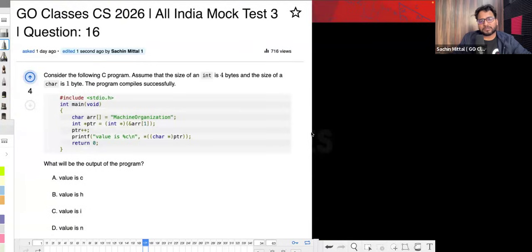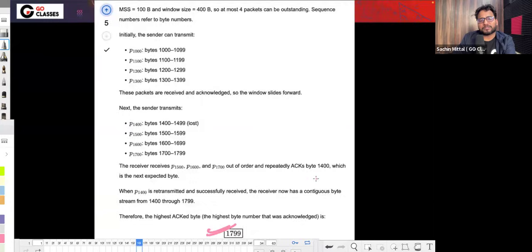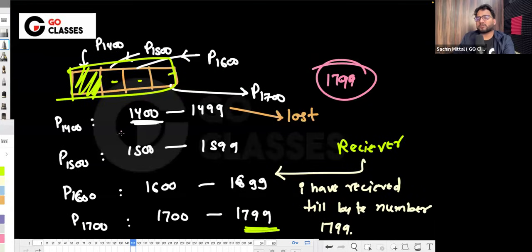Okay. Now let's just see this question. This was related to C programming, and this question was easy only, but it was a nice question. So one of the doubts that is coming is that since we do not know the initial sequence number in this question, how do we solve it? See, the initial sequence number is not needed, right?